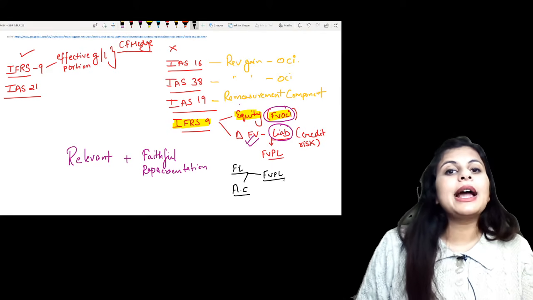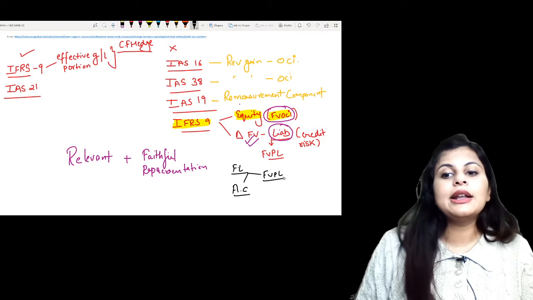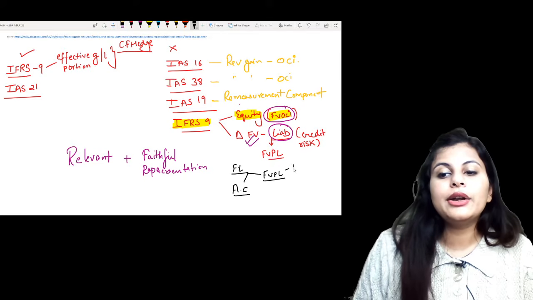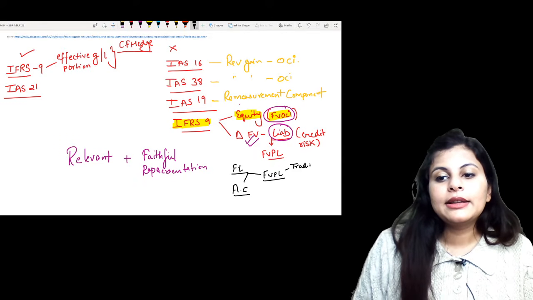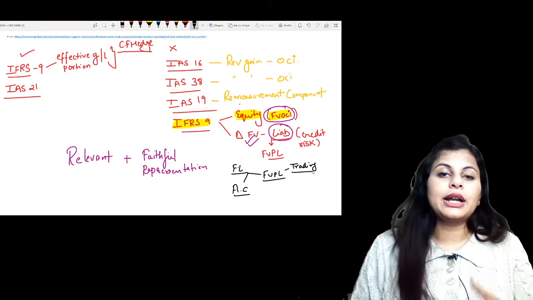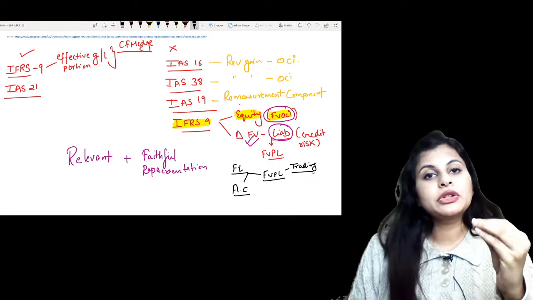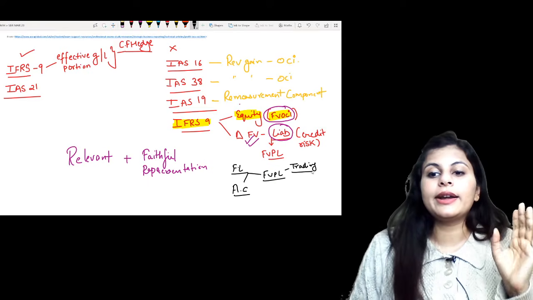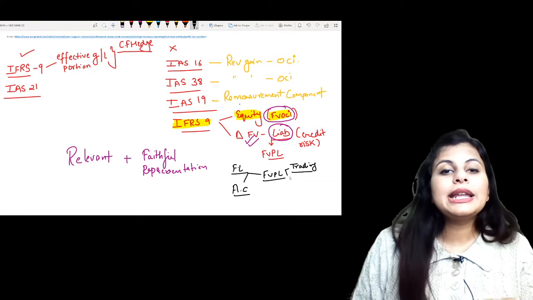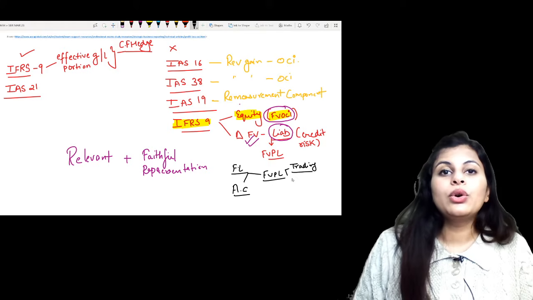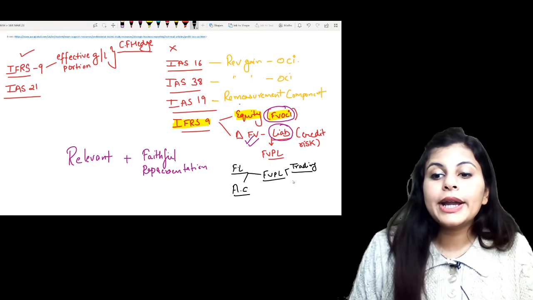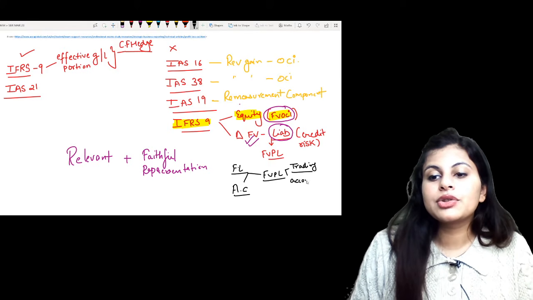When do we keep the liability under fair value through P&L? Either that liability is held for trading, like derivatives. You know that a derivative might be a financial asset or a financial liability, right? So even the liabilities are in trading, or you are keeping that liability to avoid accounting mismatch.